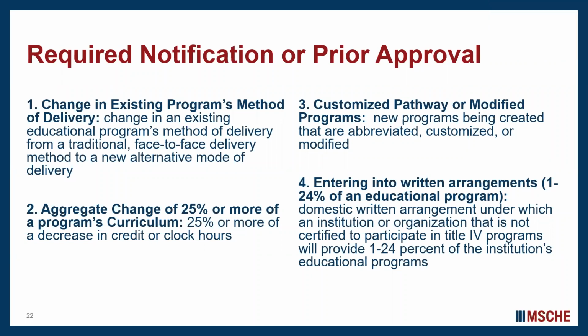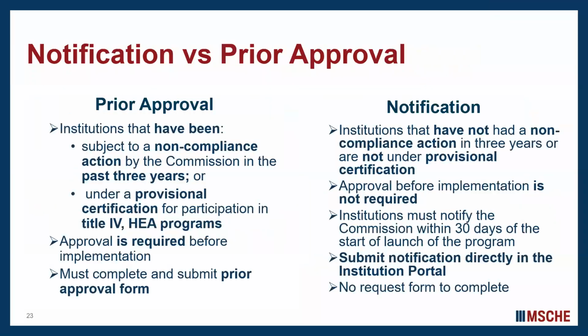Carmela, for prior approval, what is the time frame needed for submission? Is it the same as the 3 months before implementation? Yes, because it would require going through the substantive change process, so you would have to abide by those deadline dates.